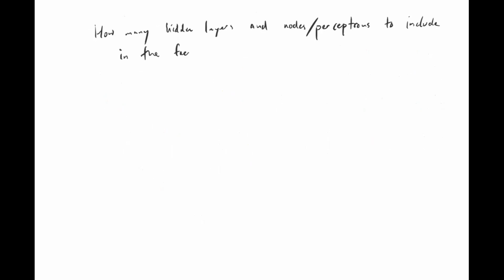So then the question becomes, how many hidden layers and nodes / perceptrons to include in the feed forward neural network.